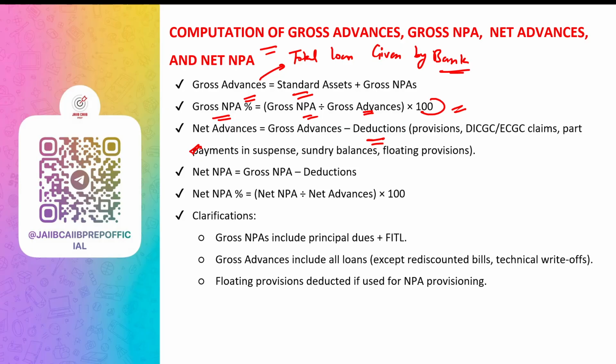Net non-performing assets: gross non-performing assets minus deductions equals net non-performing assets. As a percentage, it is net NPA divided by net advances into 100. Now, there are certain clarifications: gross figures show the overall loan book. Net figures show the real risk after provisions, and regulators, auditors, and investors use this number to judge how healthy a bank is.